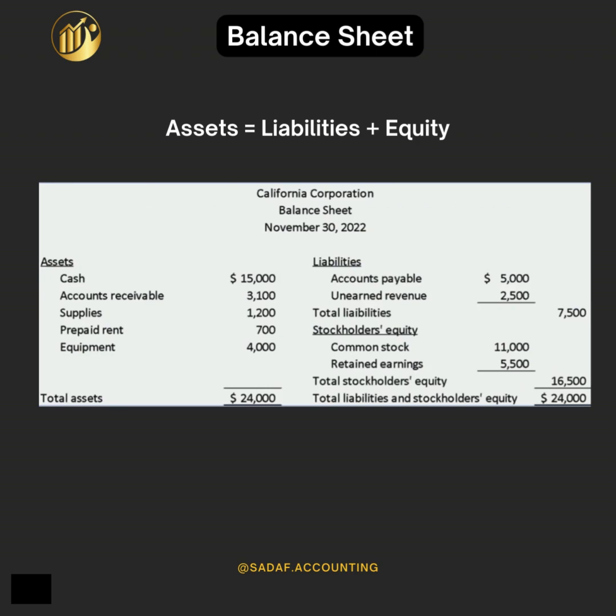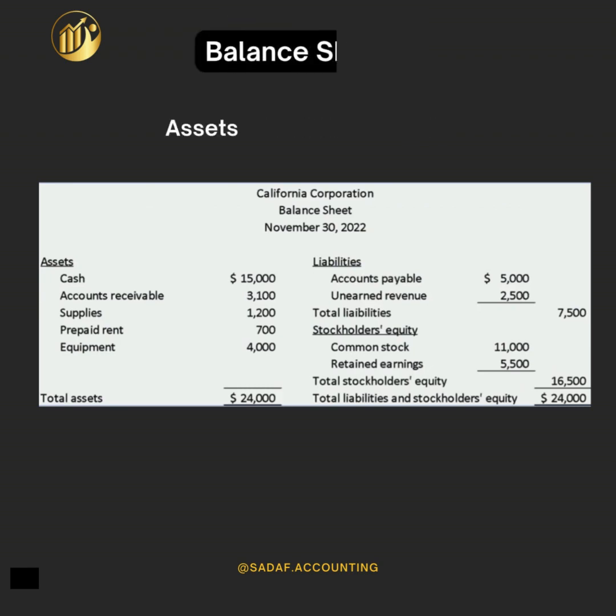On the left-hand side, we have assets: cash, accounts receivable, supplies, prepaid rent, and equipment. Then we have our total assets of $24,000. Assets are listed in order of liquidity, which means the easiest to convert to cash. So cash is always first.